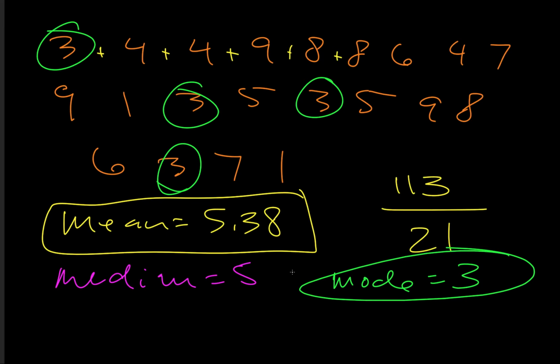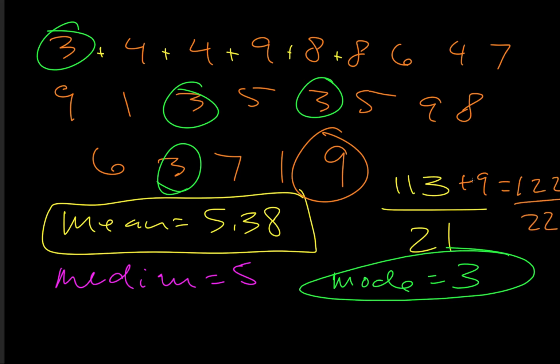Okay, now there's a part B to this. On the 22nd day, there were 9 faulty products. So we add another 9 to the end of that. How does this affect the measure of center? Well, if we add 9, it's going to change the total to 122 over 22.